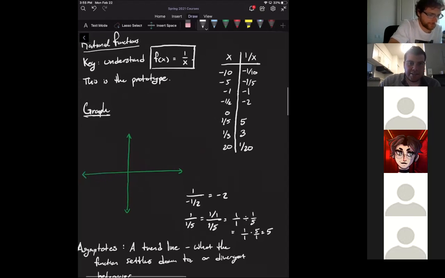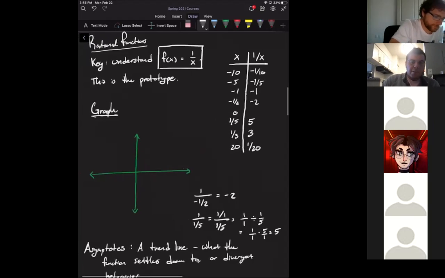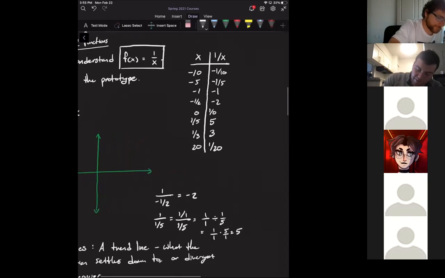All right, so I skipped 0. Does anyone have a thought on why I skipped 0? Because it doesn't really come out to anything useful. Yeah, it's undefined. It doesn't make sense right here.